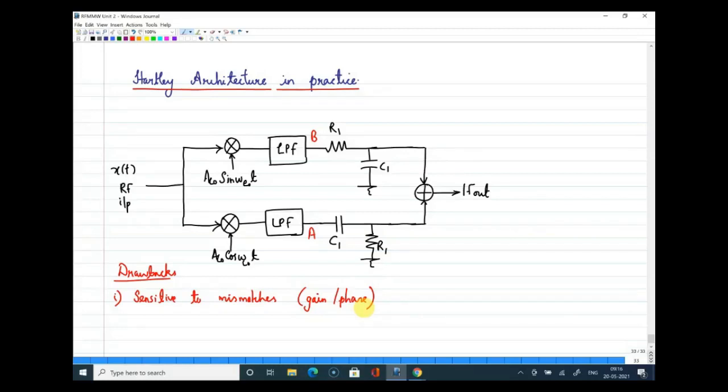So we are developing a new performance parameter called the image rejection ratio for the Hartley architecture. The image rejection ratio should typically be very high in order to get rid of all the images. The very first thing is we are considering the mismatches.